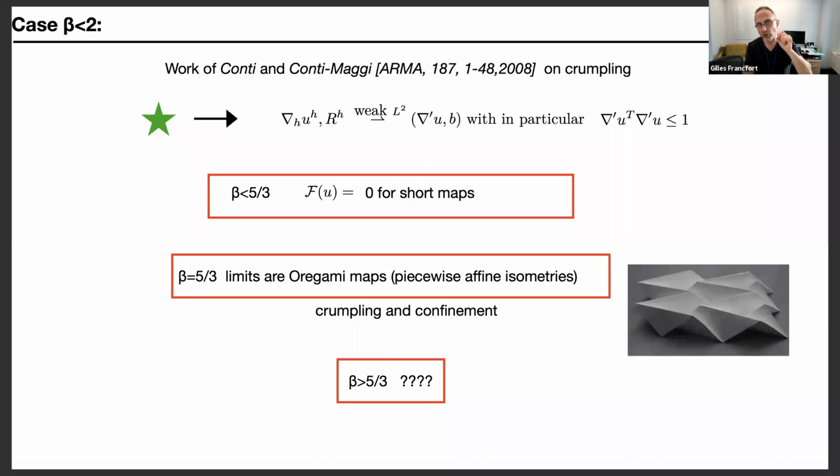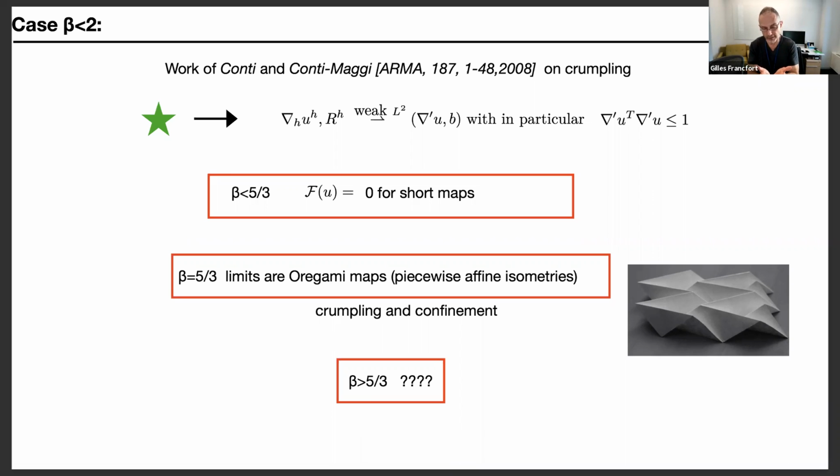But because beta is less than 2, this time you do not have strong convergence of RH to R. You only have weak convergence.